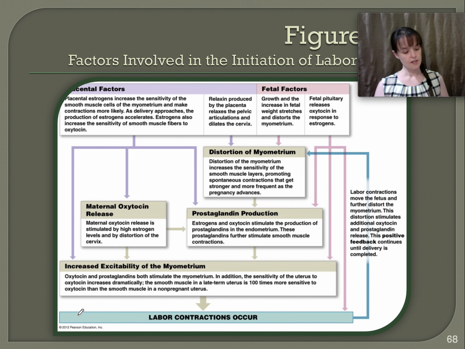Human placental lactogen is from the placenta, and it's a lactogen, so it makes milk. Ogen is for make, and lactose is milk sugar. Placental prolactin is from the placenta, and it's a prolactin, so it also makes milk. The relaxin increases the flexibility of the pelvis and in fact all of the joints.